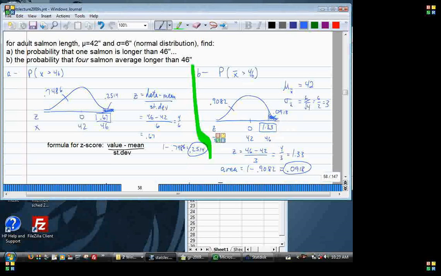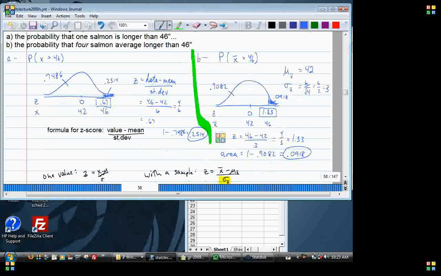So let's update, add a new formula to our arsenal. When you're dealing with one value, how do you find your z-score? It's x minus mu over sigma. When you're dealing with a sample, it looks almost the same. It's value minus mean over standard deviation.